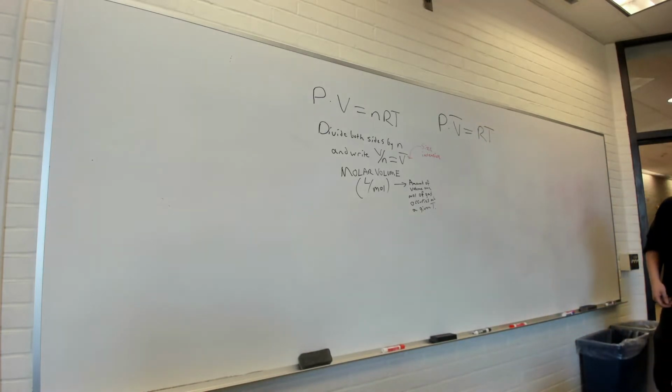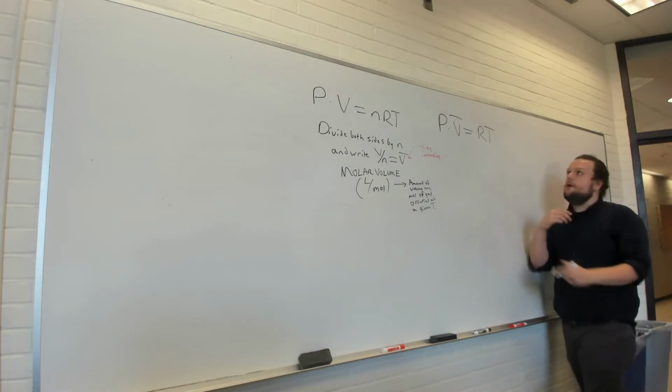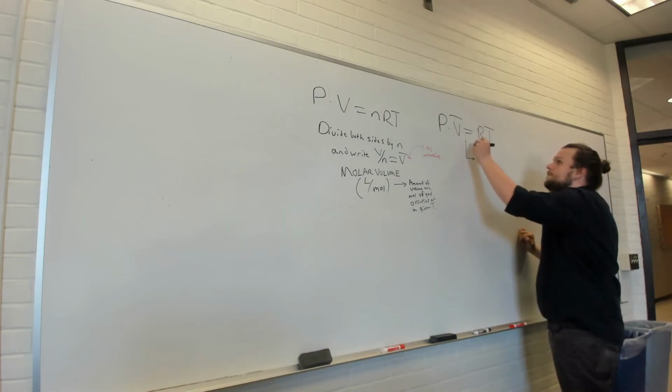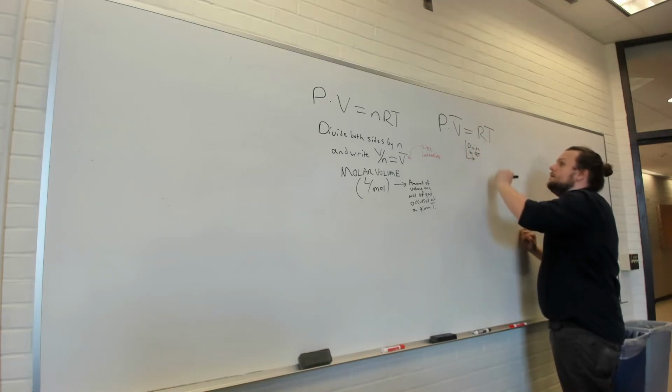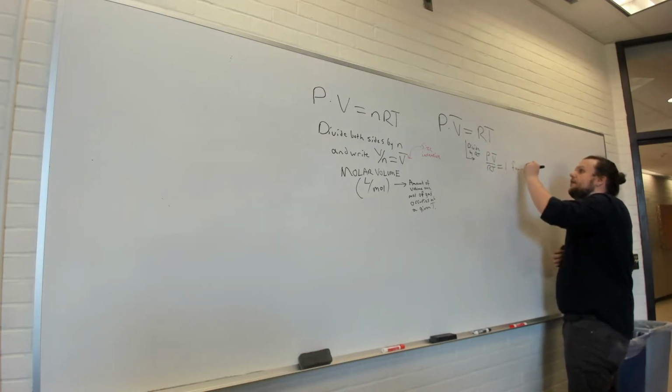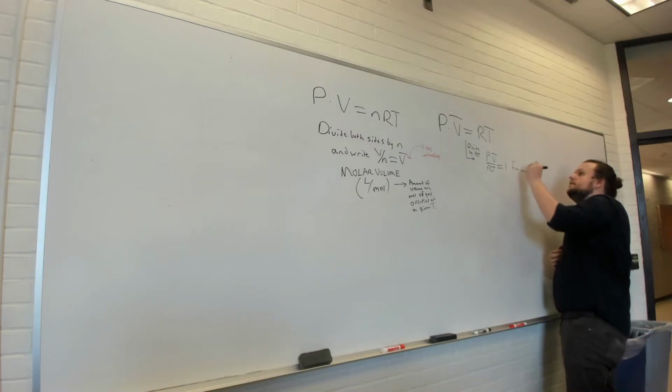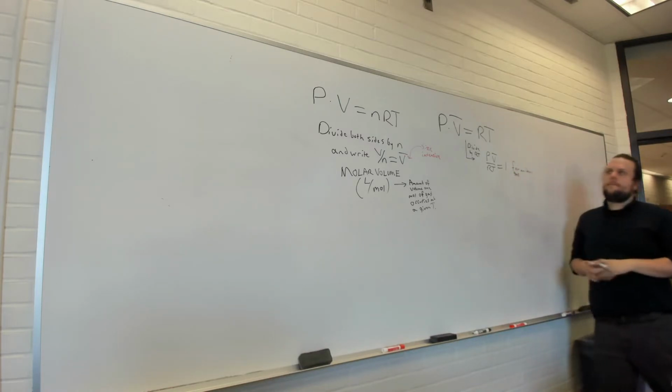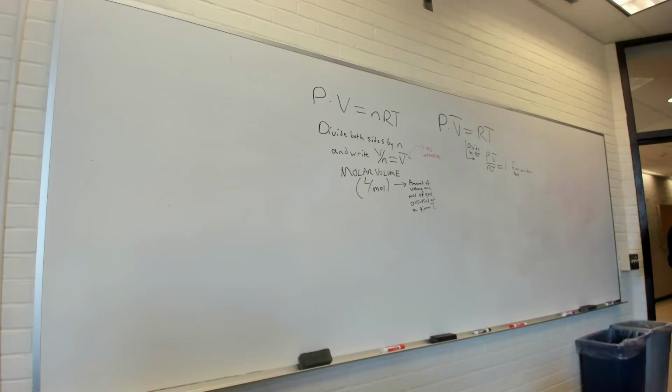Now the nice thing about the ideal gas law is we can divide both sides by RT, and we get P times V bar over RT equals 1 for an ideal gas. So we can go into the lab, make a box of gas, measure P, measure V, measure T, and then take the ratio and see what happens. If it's a perfect ideal gas, we'll get 1.